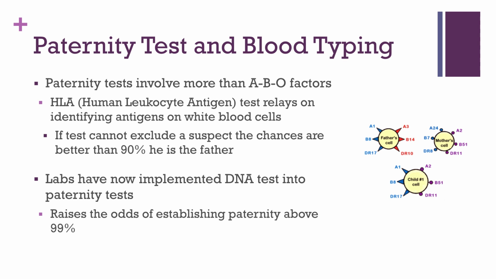If the tests cannot exclude a suspect, the chances are better than 90% that he's the father. Now that labs have implemented DNA testing into the paternity test, it actually raises the odds of establishing paternity above 99%. So paternity tests nowadays are pretty accurate. It's hard to deny it if they come out positive or negative.